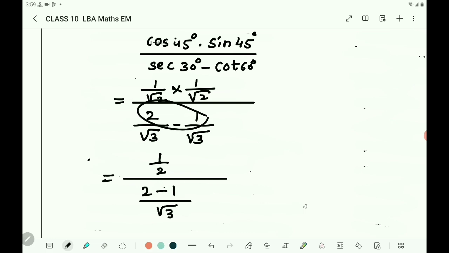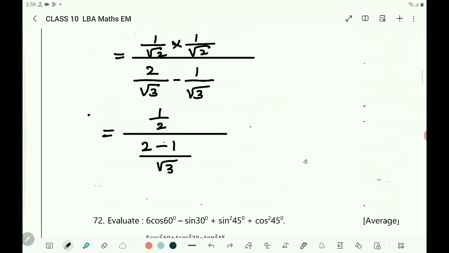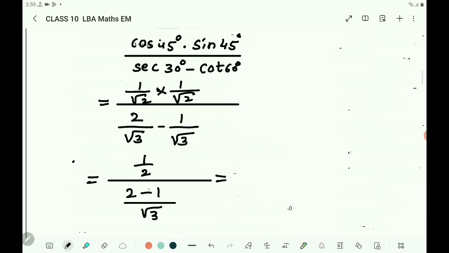So 2 minus 1 equals 1 by 2 as it is. 2 minus 1 is 1 by root 3.